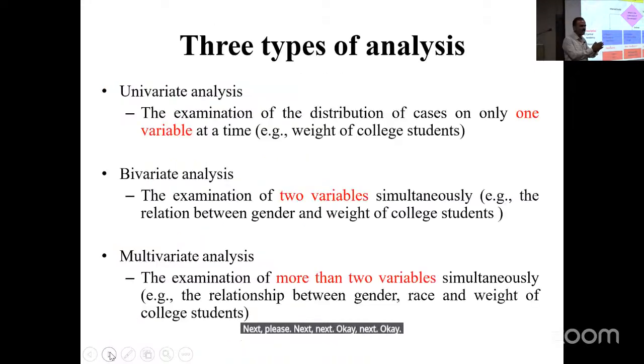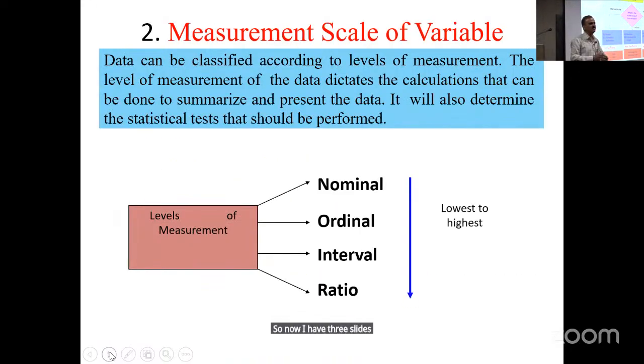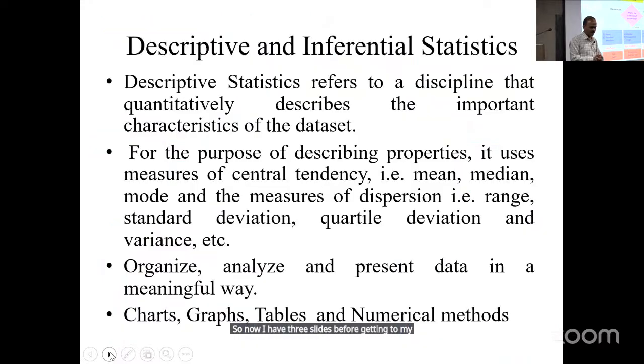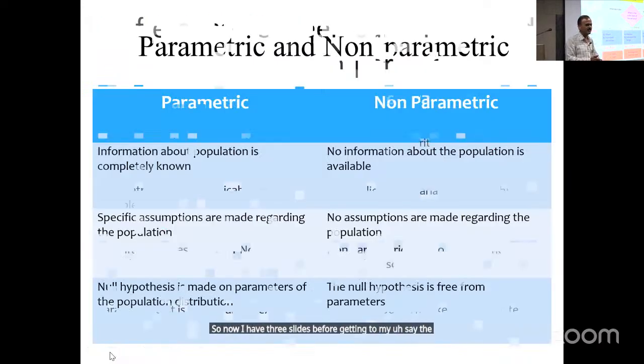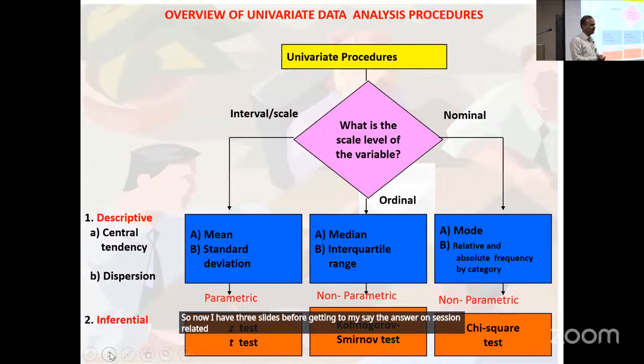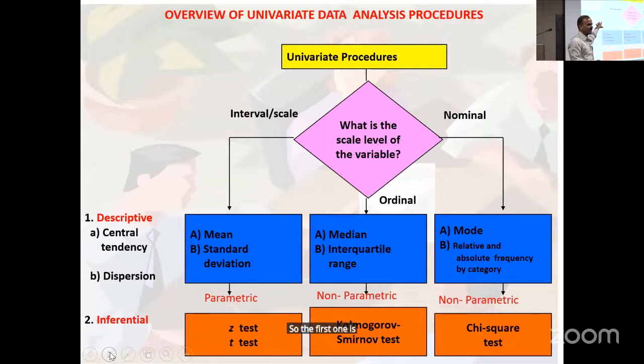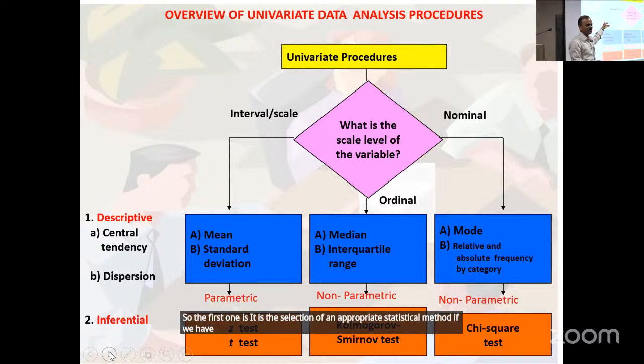Now I have three slides before getting to my hands-on session related to this class. The first one is the selection of an appropriate statistical method if we have one variable, that's why univariate procedure.